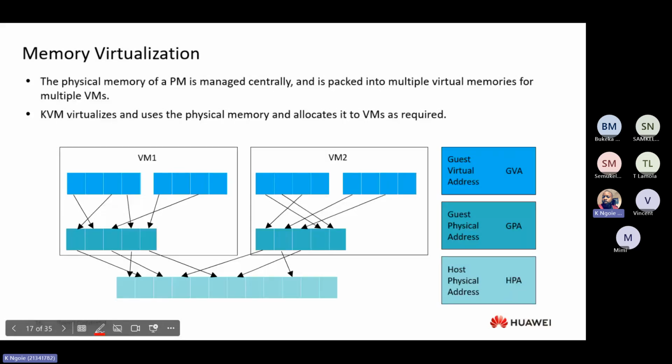That means that each virtual machine will see this allocation as its own physical memory. But in reality, it's just a virtual view of the host memory. Right. So in KVM, each virtual machine will run as a process on the host. Okay. And then the memory used by the virtual machine is actually the memory allocated to that process by the host operating system. All right.